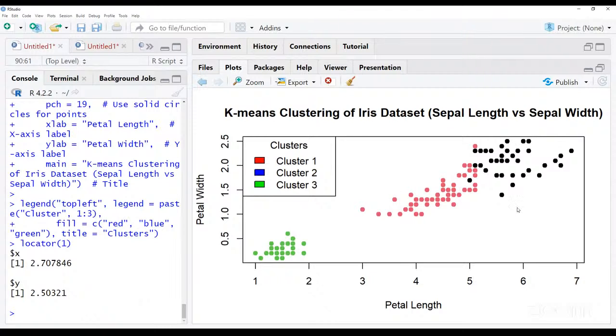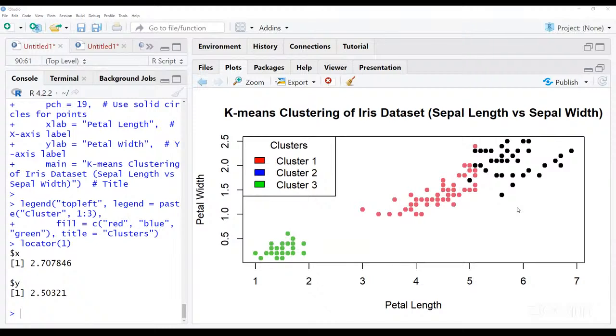But this is the coordinate. 2.70 is basically 3, and 2.50 on the y-axis. 2.70 is very close to 3, no? On the x-axis.